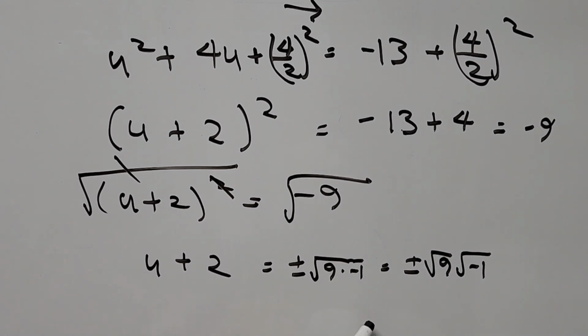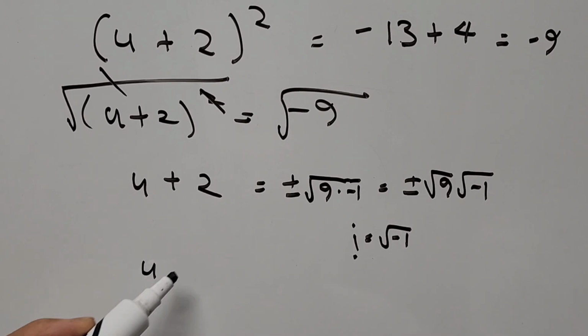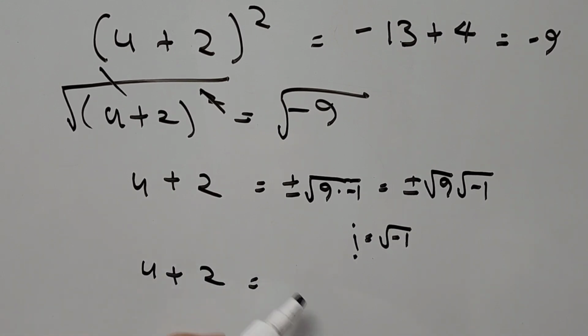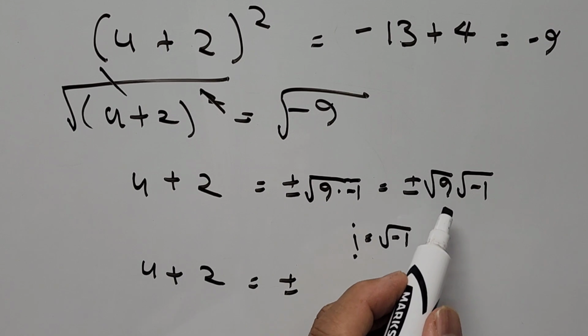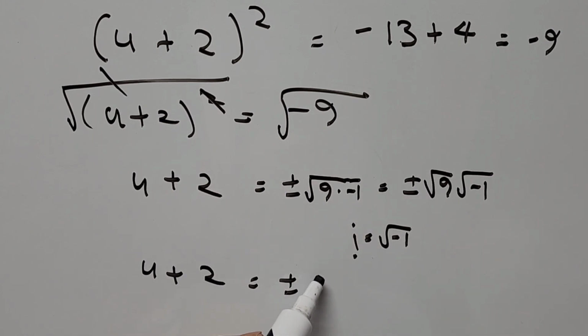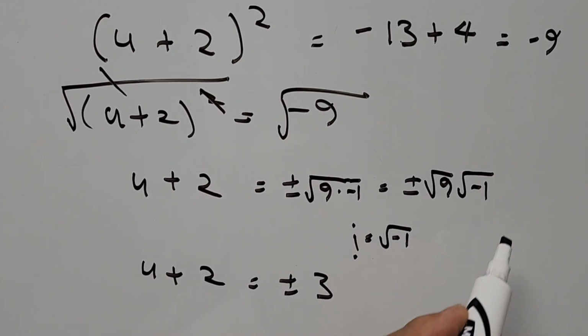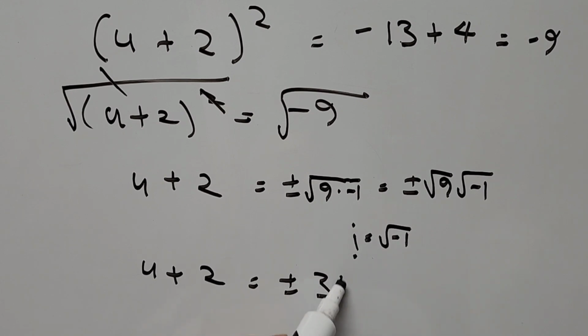But the square root of negative 1 is i, so we can substitute i. So we have u plus 2 equals plus or minus, the square root of 9 is 3, and the square root of negative 1 is i, so 3i.